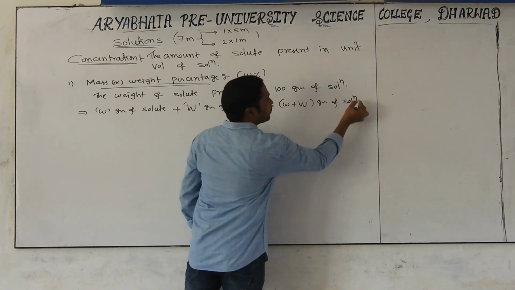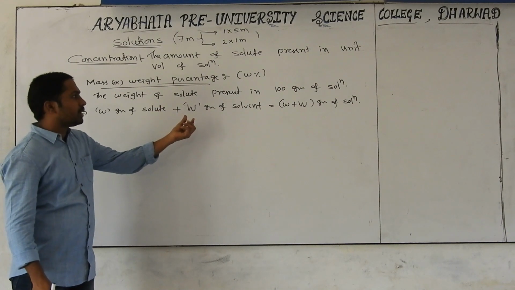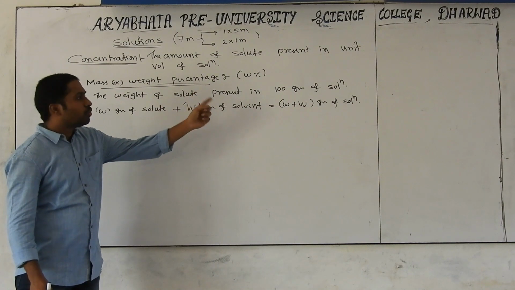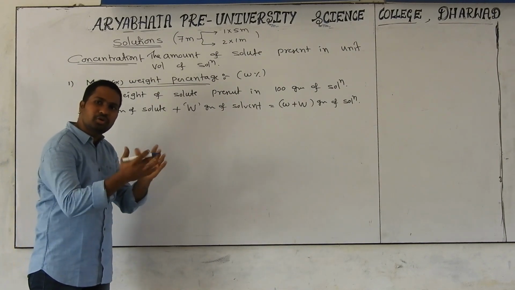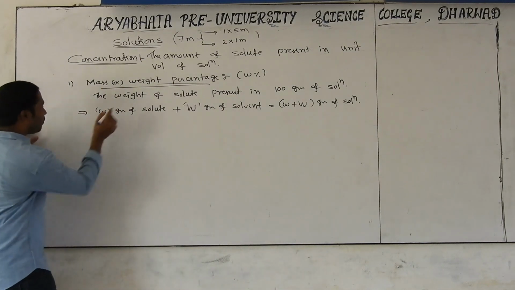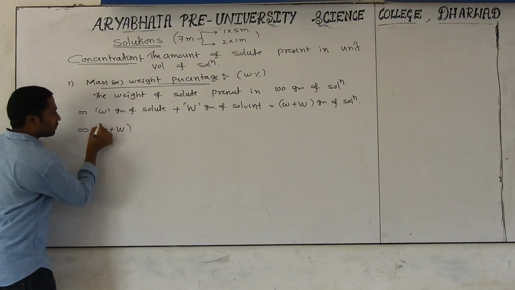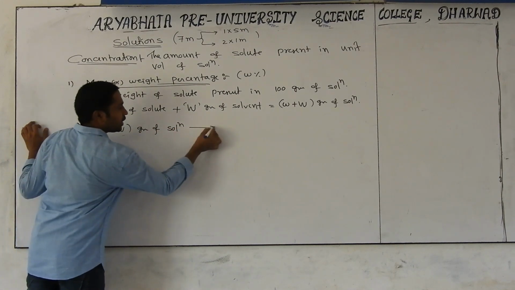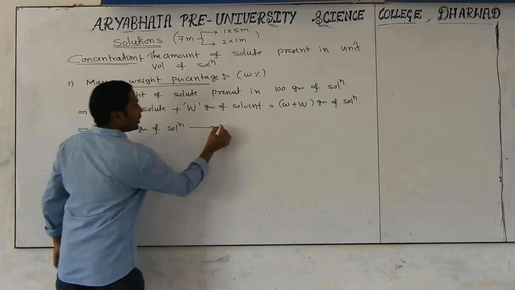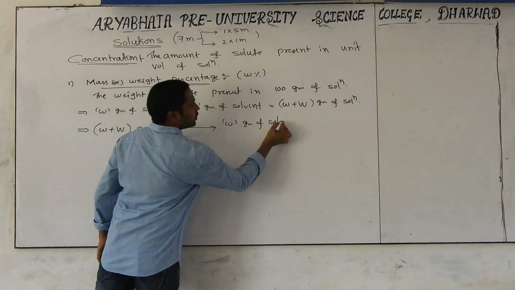Why? Because solution is equal to solute plus solvent. Now, if you take small w plus capital W grams of solution, it contains small w grams of the solute.